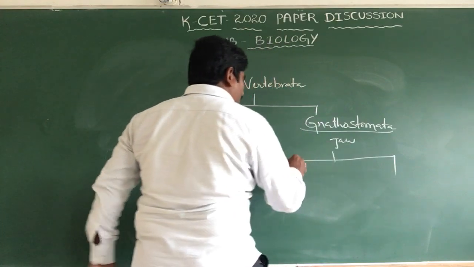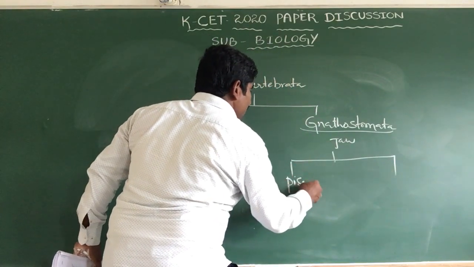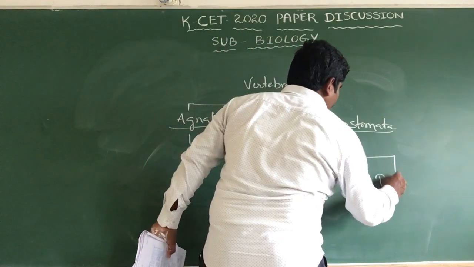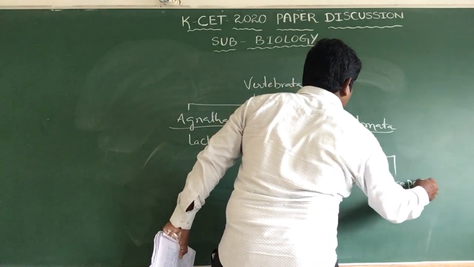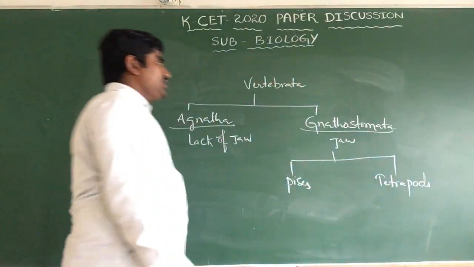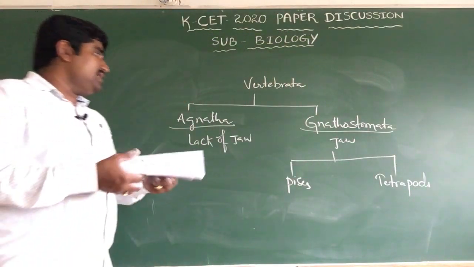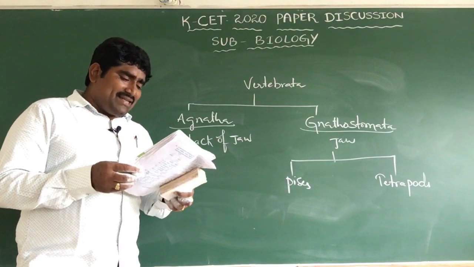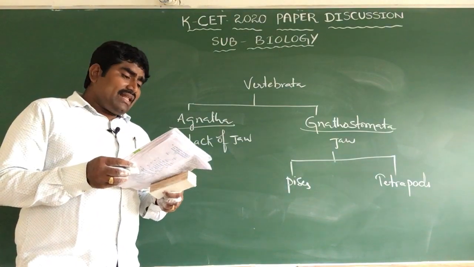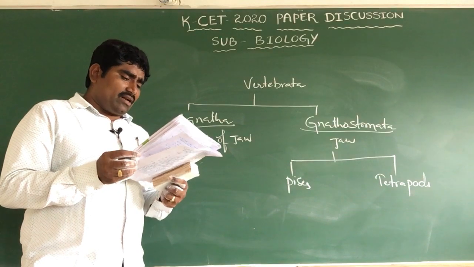Gnathostomata is again divided into Pisces and Tetrapoda. Tetrapods means animals with four legs. So the answer is Agnatha, Gnathostomata, Pisces and Tetrapoda.